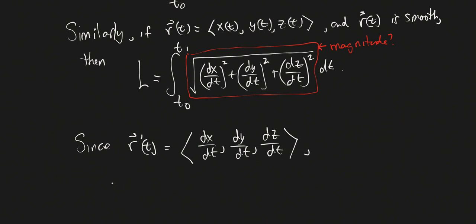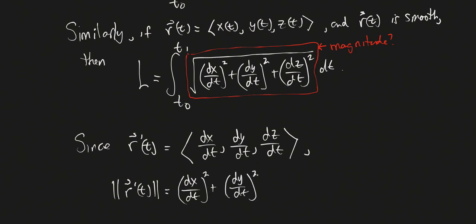So the magnitude of r prime of t is equal to the square root of dx dt squared plus dy dt squared plus dz dt squared.